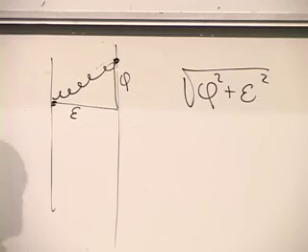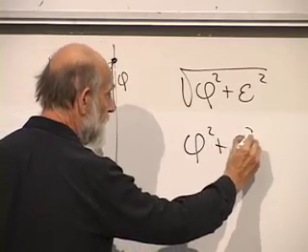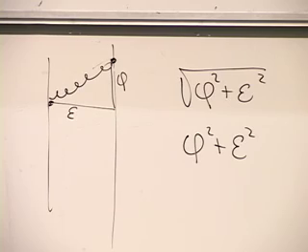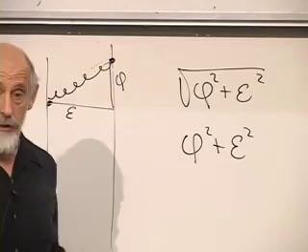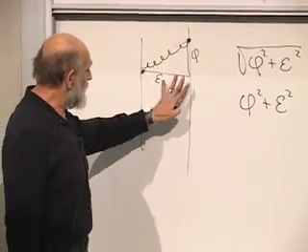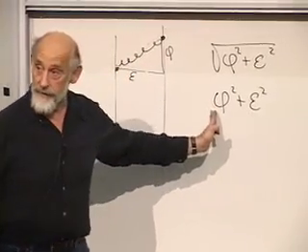The square of the distance is just phi squared plus epsilon squared. Right? So the energy in the spring is phi squared plus epsilon squared. But epsilon is just a number. Each one of the springs is stretched by that amount. It's just a number. It's fixed. It doesn't depend on phi.